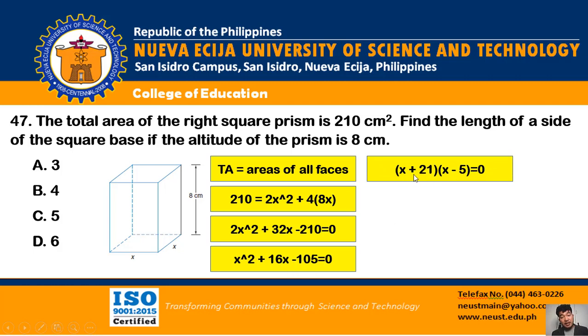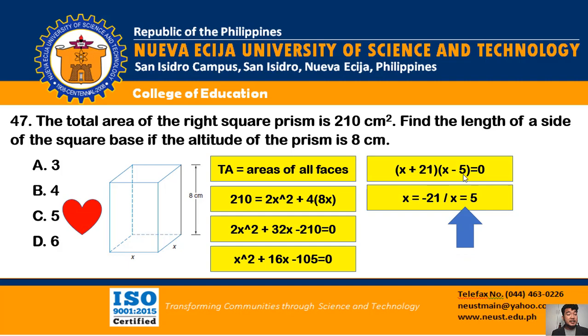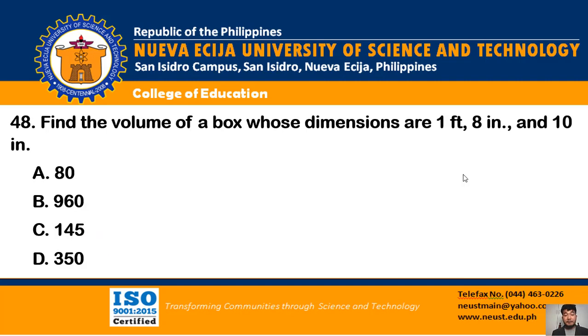The factors are x plus 21 times x minus 5. Then you solve for x. One of the x's is negative 21 and one of the x's is equal to 5. Of course, since we are looking for the length of a side, this is a length, so it should be positive. We take positive 5. So the answer is letter C.